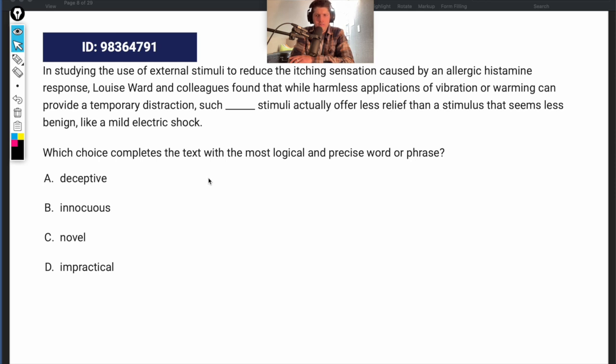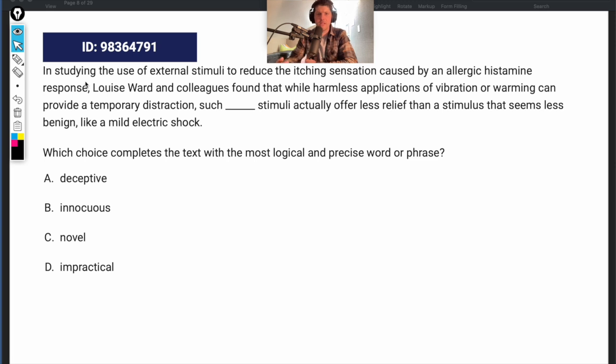So once again, I'm kind of scanning the paragraph looking for any indication of what I should or should not read, but we have one big sentence, so the colon question that we just saw is kind of a rare situation. So I'll read the whole thing and I'll pause after each clause. In studying the use of external stimuli to reduce the itching sensation caused by an allergic histamine response.